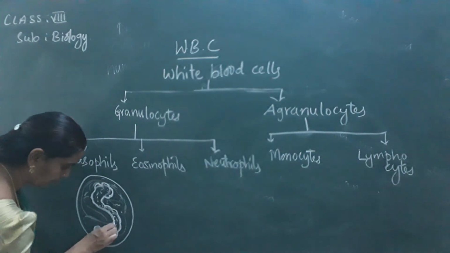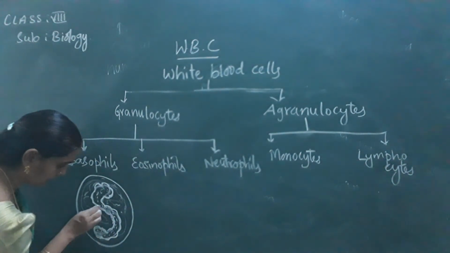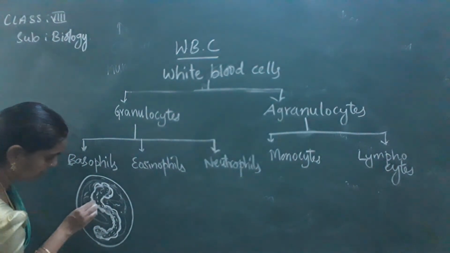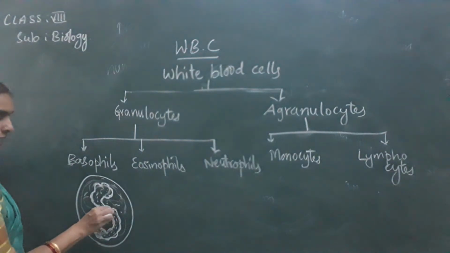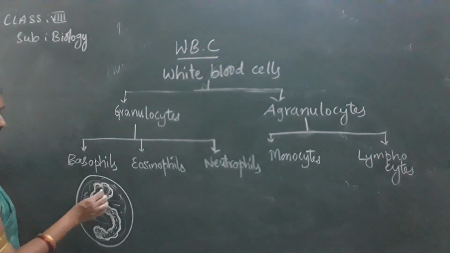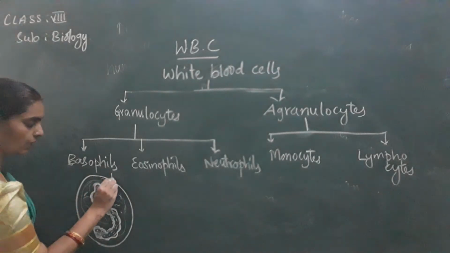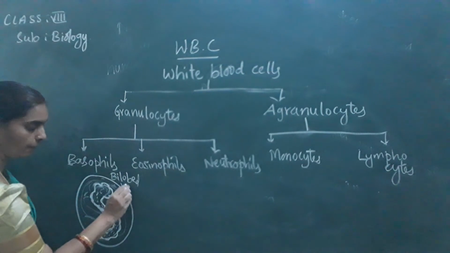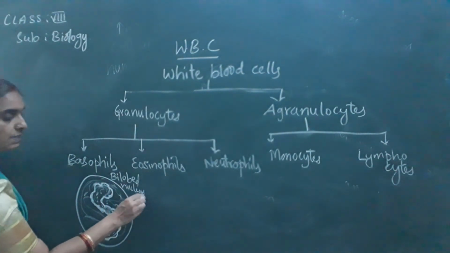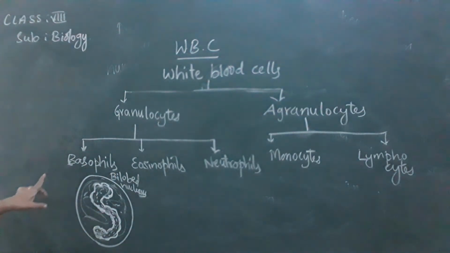So these are the constrictions that you can see. The nucleus is constricted in such a manner. So this is bilobed. In basophils, the nucleus is bilobed, or sometimes it may be trilobed also, but mostly it is bilobed.